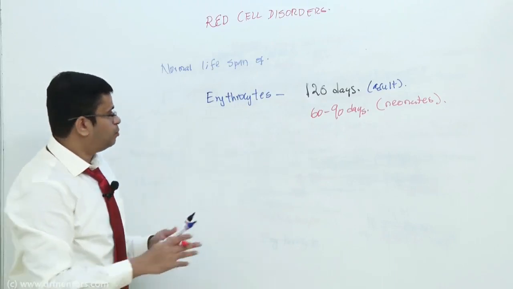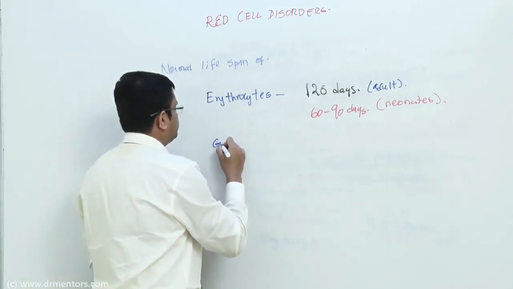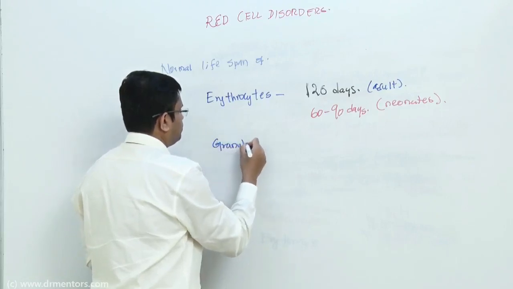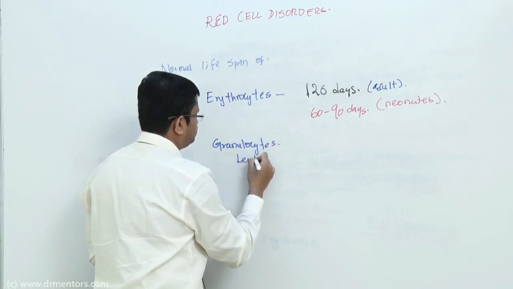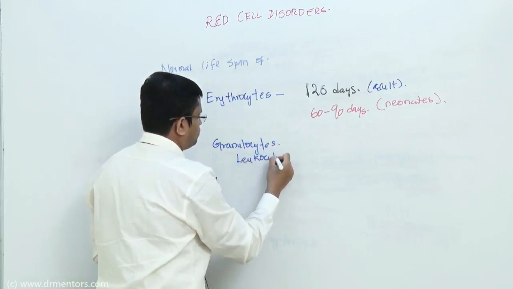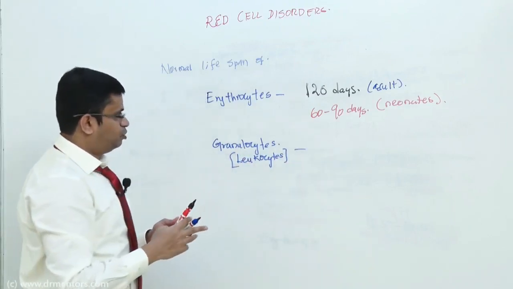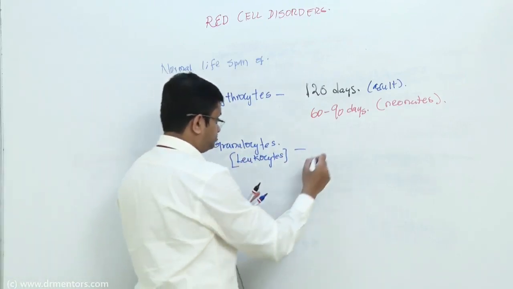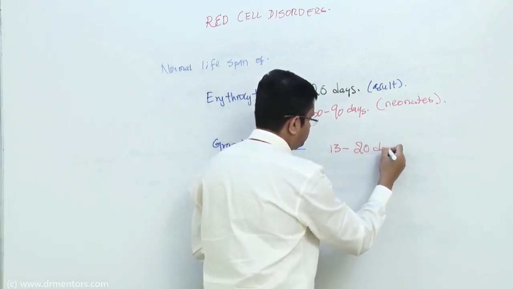Now we will go for the normal lifespan of the granulocytes. Granulocytes means the leukocytes. What is the normal lifespan of the leukocytes? Normally the lifespan of leukocytes is around 13 to 20 days.